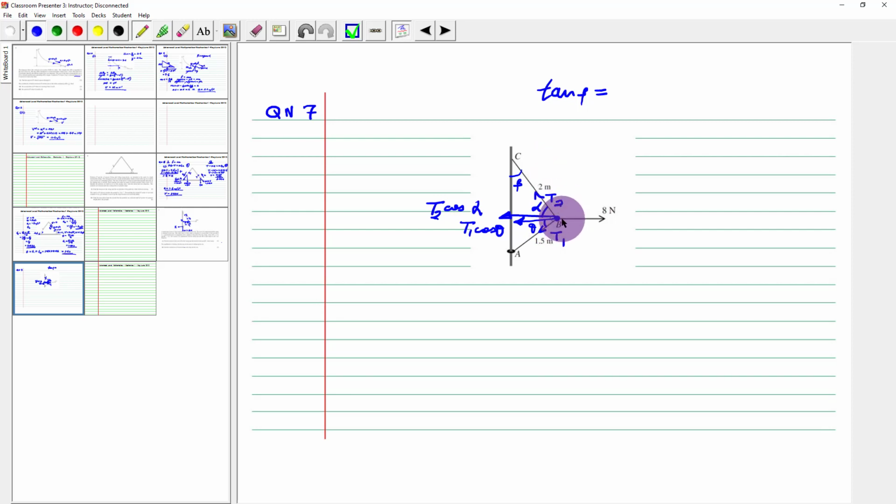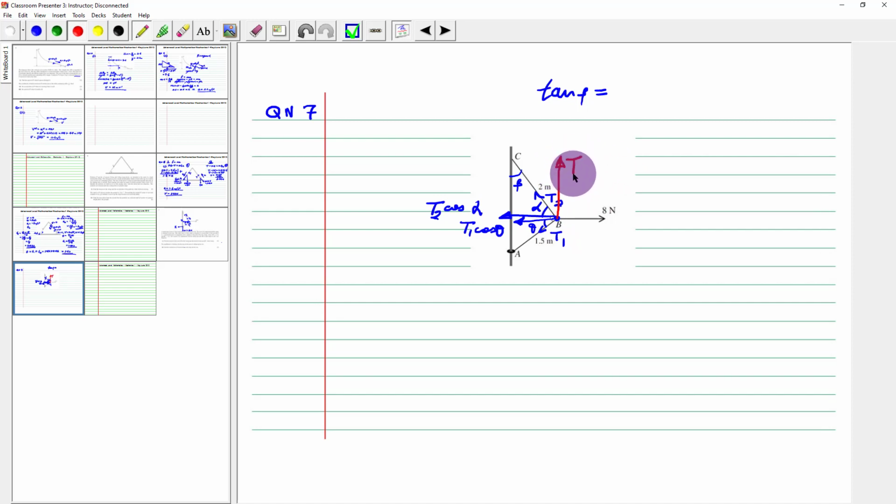And then, because this point B is in equilibrium, then I will say T2 cos alpha plus T1 cos theta is equal to 8. From there I can get some kind of equation, because at least I've got one expression from which I can start working. And then after I resolve vertically upwards, for instance, let me use a different color here to get the component of T2 vertically upwards.